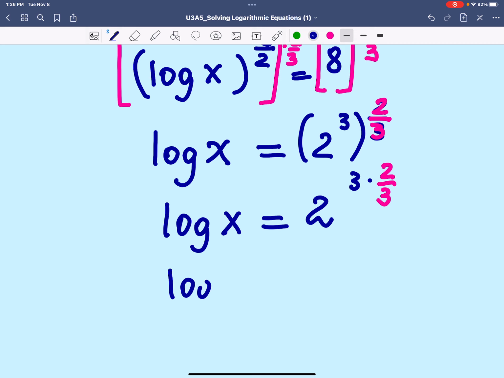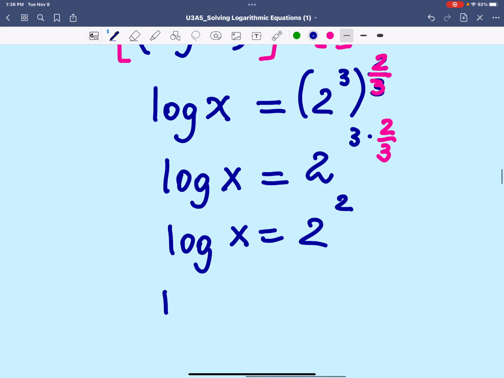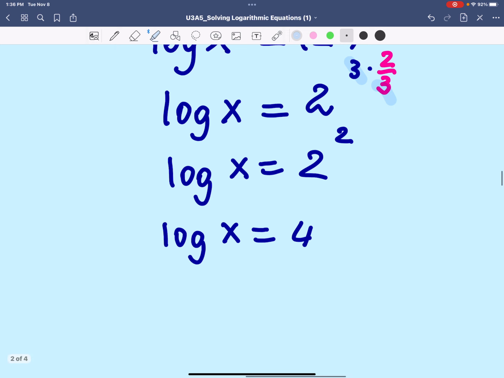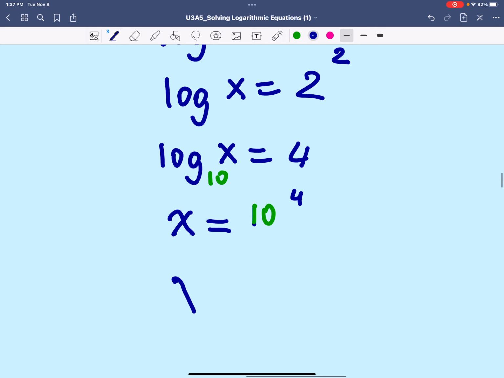So we have log of x equals 2 to the power of 2, or 4, right? So right here. And now we're ready to solve for x. Just convert the log statement into an exponential. So the base is going to be 10, and then to the power of 4. So the value of x in this case would be 10 to the power of 4, or 10,000.